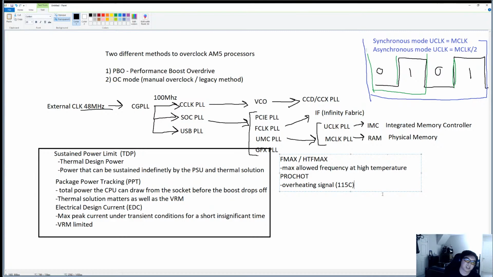So now, if someone's going to ask about the lower limit, like the negative, the LN2 number, that I don't know, because I've never put the CPU under LN2, so I don't know what that limit is. There might be a zone where, usually if you're under LN2, I want to say it's like past -40, there's some range where it's like a black zone where the processor just doesn't really behave well.